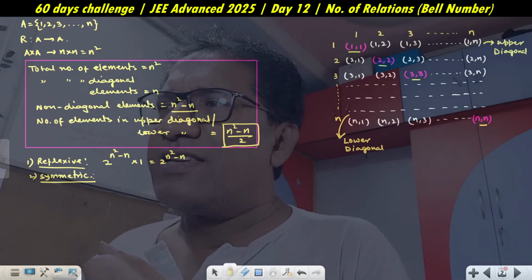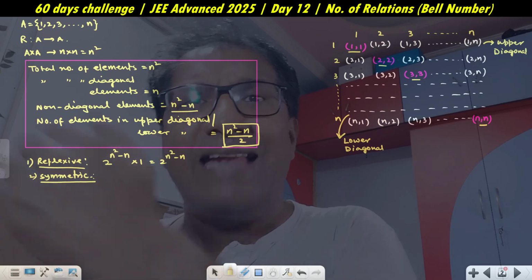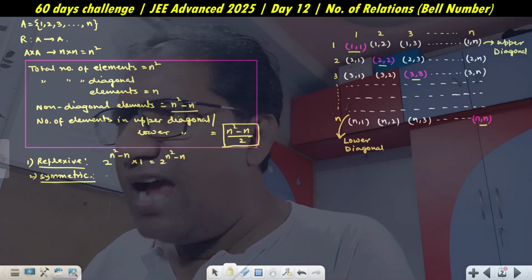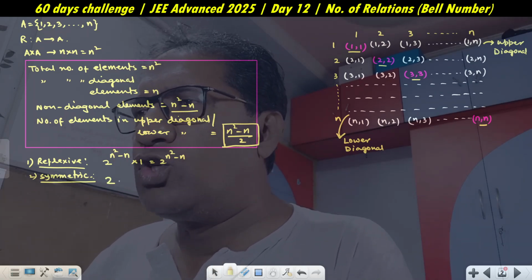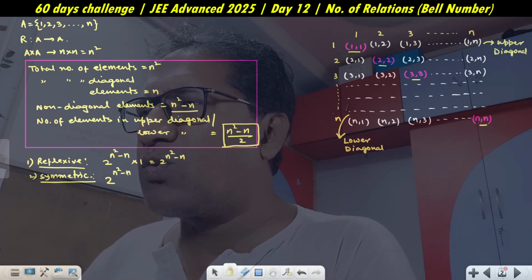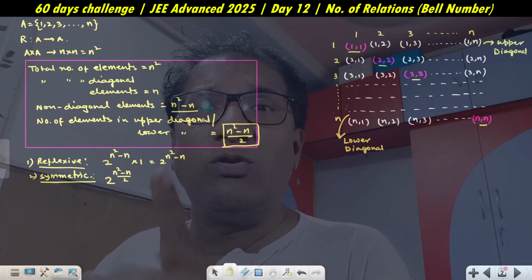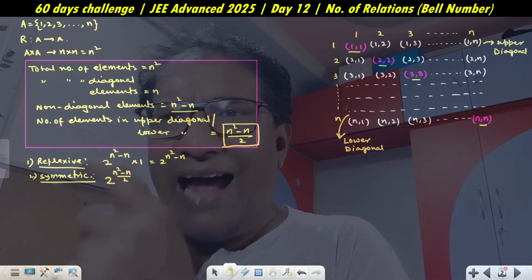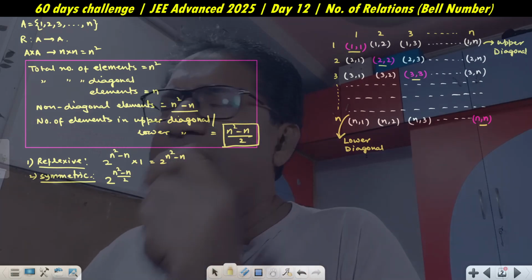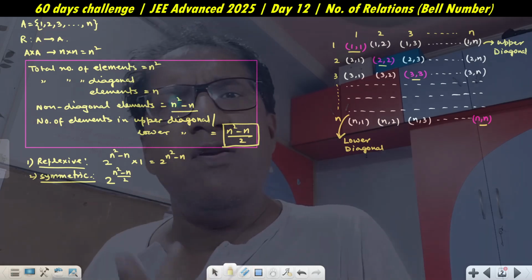That will automatically come. I have to take that one to make it symmetric. Now the question is, in how many different ways can all the upper diagonal elements come in my relation? For every element, there are two options. Therefore, the total number of ways of choosing the elements from the upper diagonal is 2 to the power n square minus n over 2. Clear? Now the question comes about the diagonal elements. Diagonal elements may come, may not come. Because if 1, 1 comes in our relation, that is the diagonal element, it still remains symmetric.